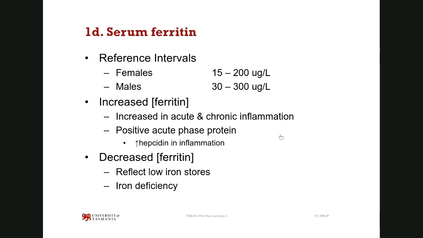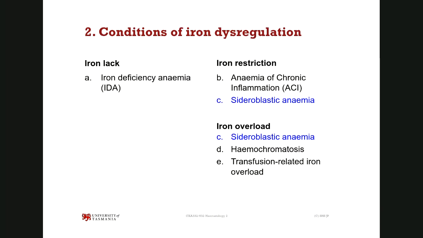Okay, let's continue on. So now we're going to have a look at the different conditions of iron dysregulation that you need to know. And you can see that sideroblastic anemia, highlighted in blue there, is classed under iron restriction as well as iron overload.